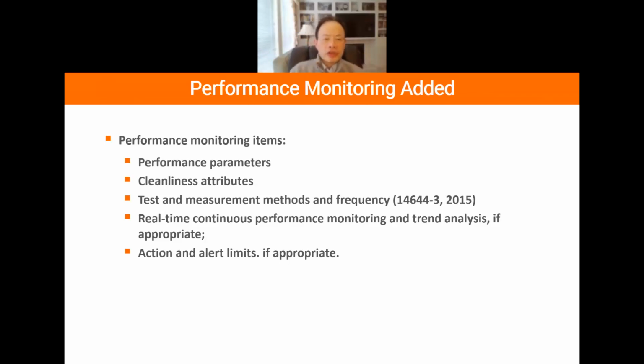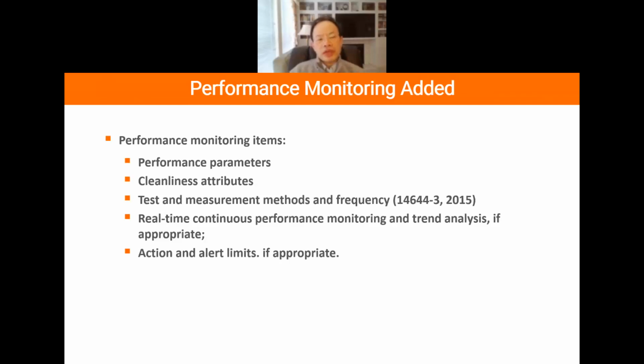So now the standard uses the term real-time continuous performance monitoring, where you can put a laser particle sensor to monitor the real-time condition 24/7, 365, in addition to independent manual field testing and certification.